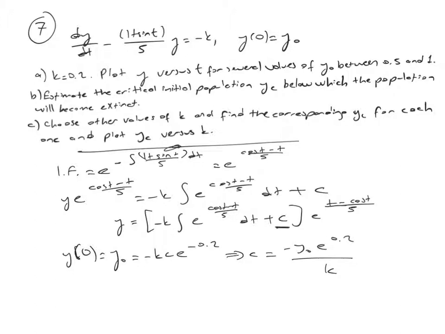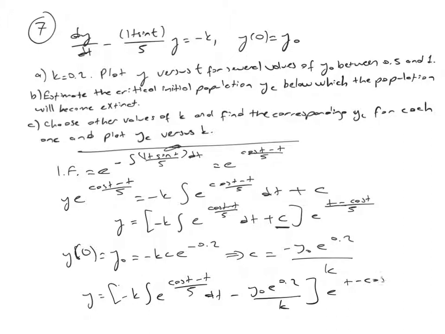And I will use the value of the constant c in the equation again, and y is equal to minus k integral e^(cos t - t/5) dt minus y0 e^0.2 over k, times e^(t/5 - cos t).